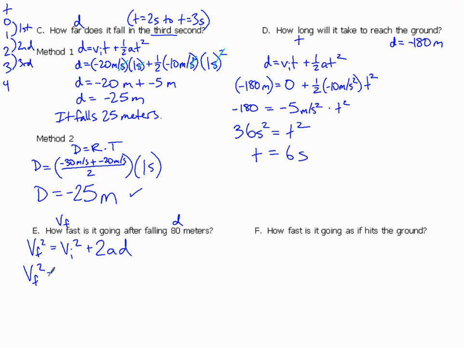So filling in the things we know, initial velocity of a dropped object is 0, plus 2, acceleration of gravity has been the same the whole time, negative 10 meters per second squared, and our distance is negative 80 meters because it is going down. It is negative.